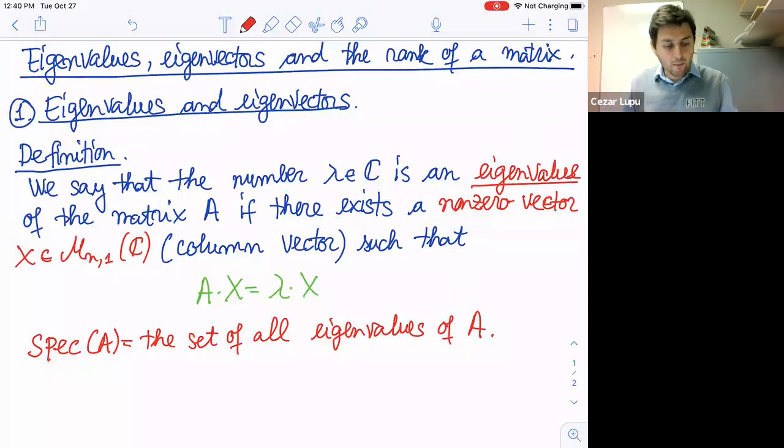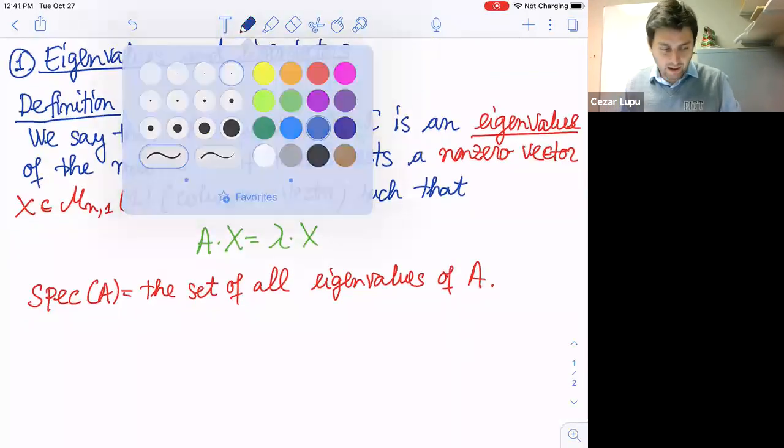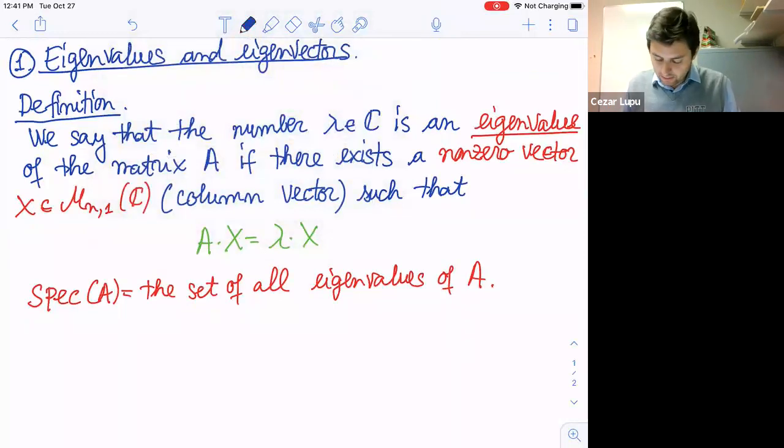Okay, and now, as you know by now, I would like to talk about how to get these eigenvalues. These eigenvalues can be obtained from the characteristic polynomial.